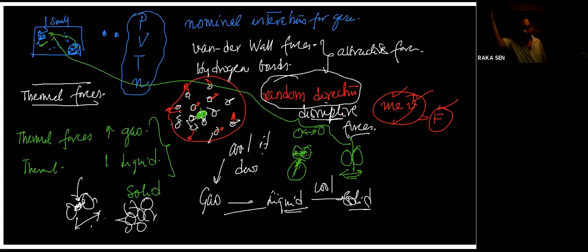That's why you have used the word states of matter, maybe from your class 9th standard. The same matter, different states, solid, liquid, and gas, because it is an interplay of the attractive forces vis-a-vis the disruptive thermal forces. Clear?